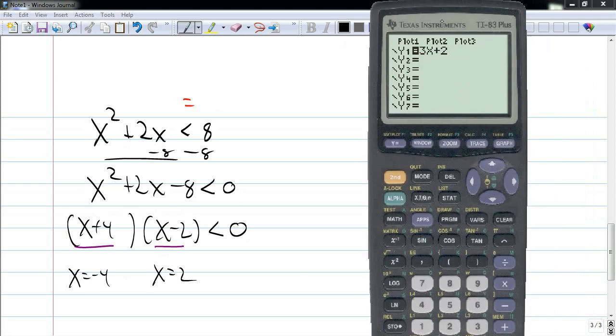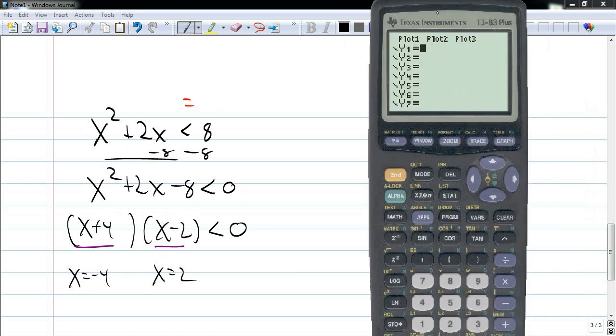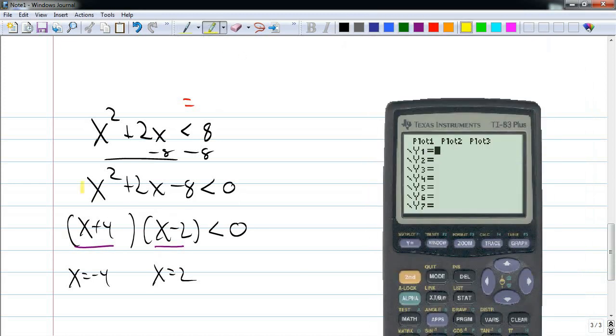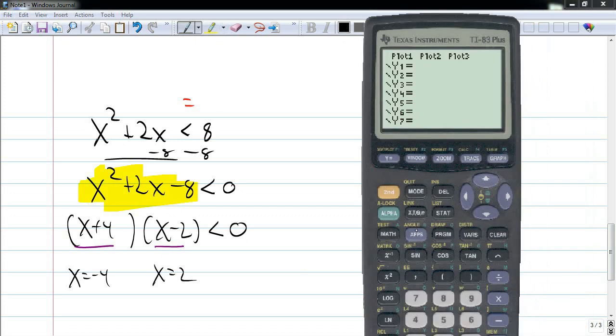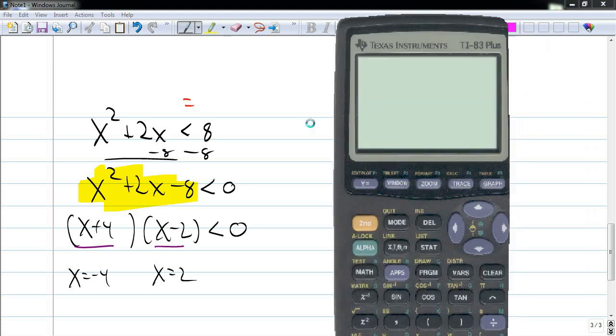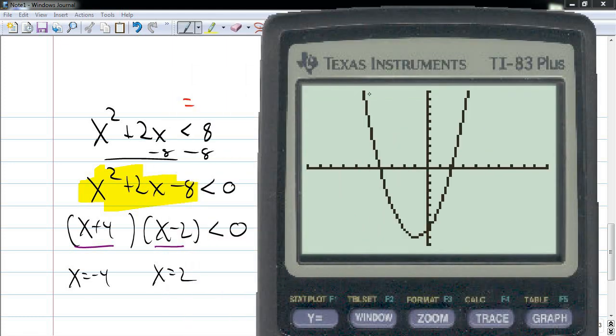If something is quadratic, let's take a look at the graph of this. Okay, so x squared plus 2x minus 8. The graph of this is not a line. It's a U shape, meaning that there is some region where we are above the x-axis, we hit 0, and then we go under the x-axis.